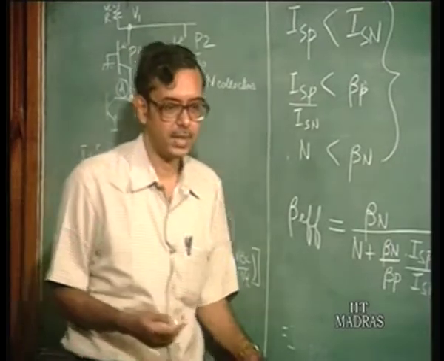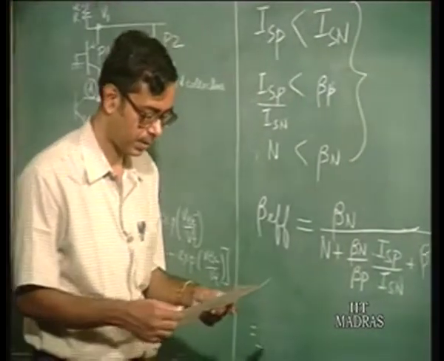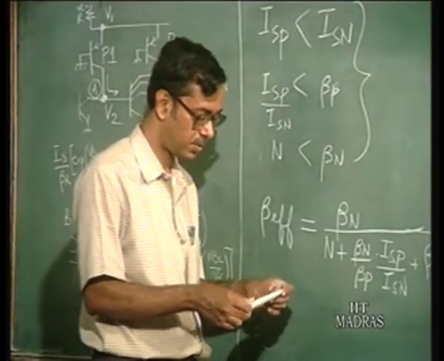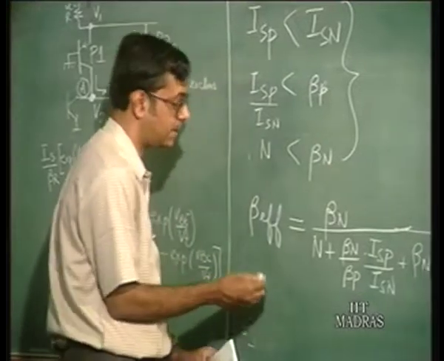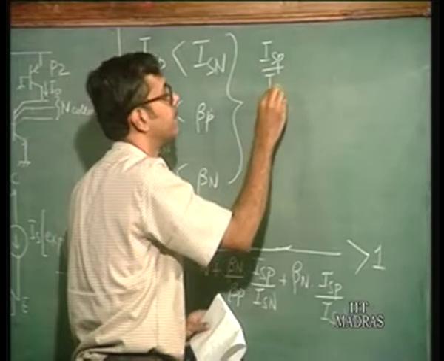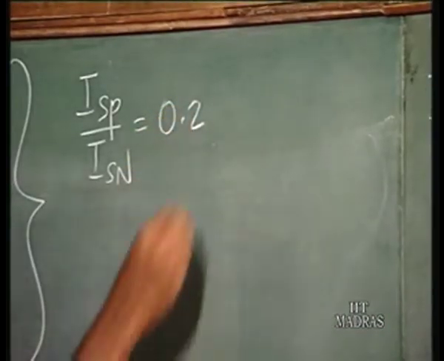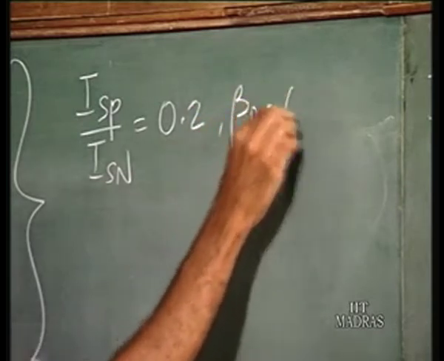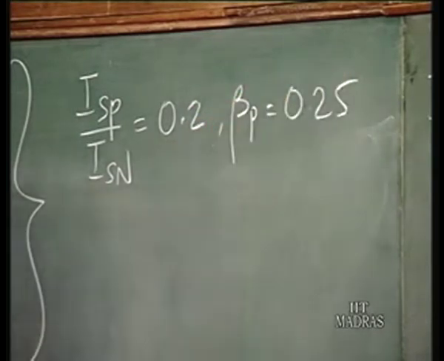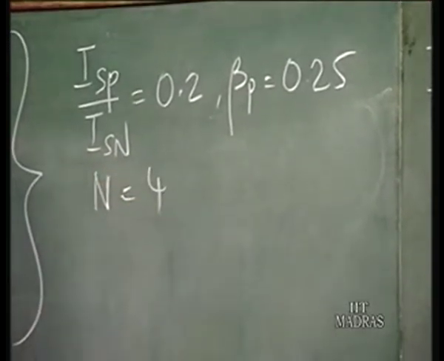For example, I give a small problem. Suppose you design such that ISP by ISN is equal to 0.2 and beta p is equal to 0.25, and n is equal to 4, that is, it has 4 collectors.